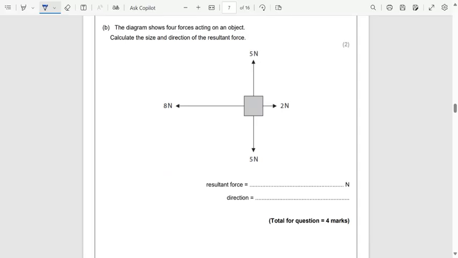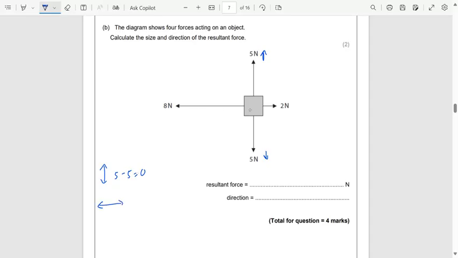For B, we're asked to calculate the resultant force and give direction, because it's a vector. So I'm going to work out the size of the opposing forces. So I have 5 up and 5 down. So in the up-down, I have 5 minus 5 equals 0.